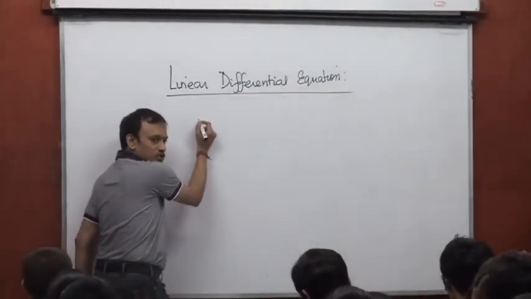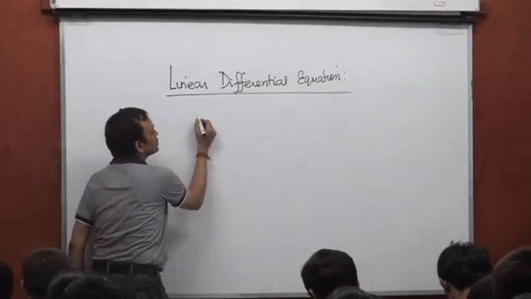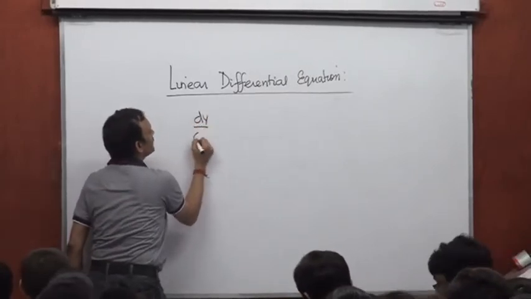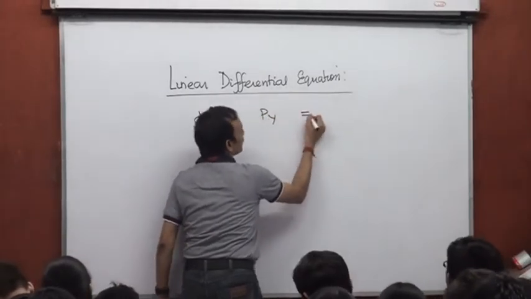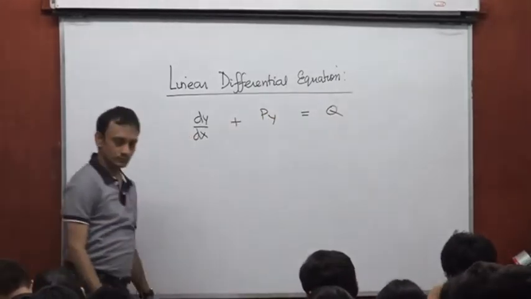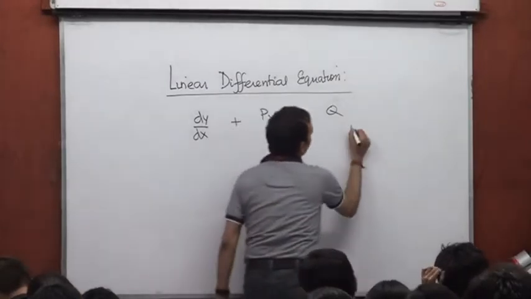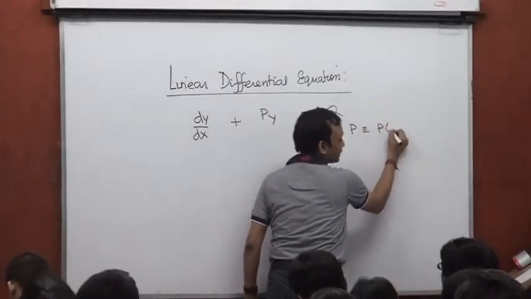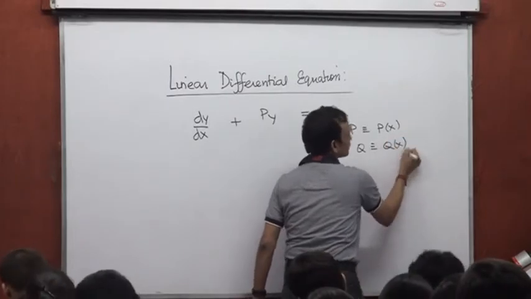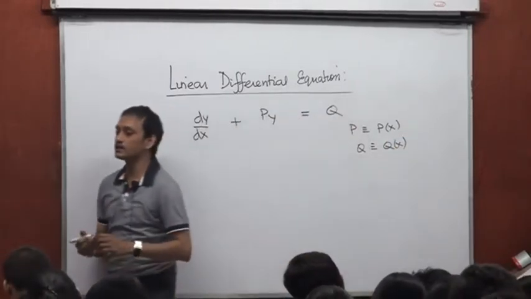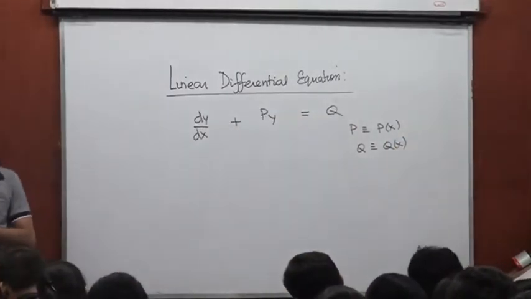The form of this differential equation is dy/dx plus p times y is q, where p is some function of x and q is some function of x.